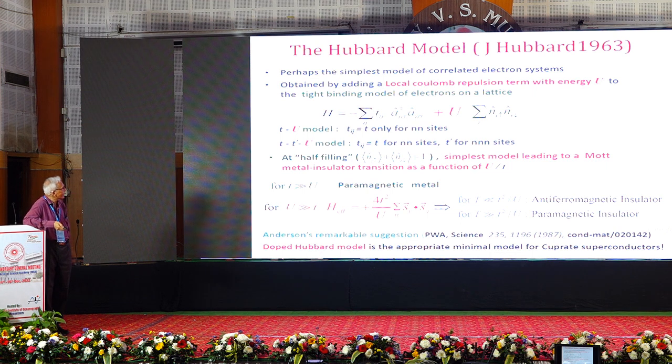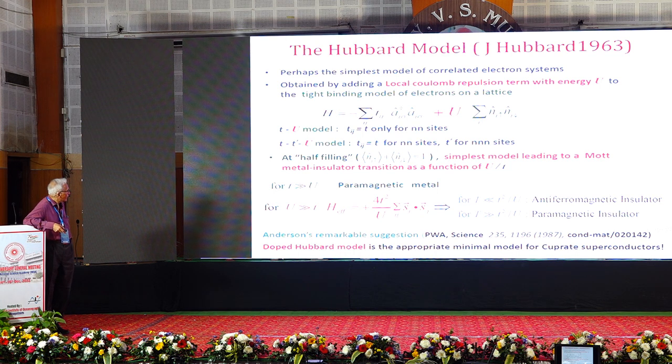It's a way of writing that Hamiltonian, which I've said in words. So electrons can move on the lattice, and if 2 electrons sit on one site, it costs them energy U. This model was invented by John Hubbard in 1963. And at half filling, it's actually the simplest model that leads to something called the Mott transition, which I'll tell you a little more about.